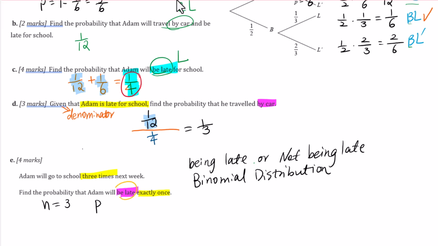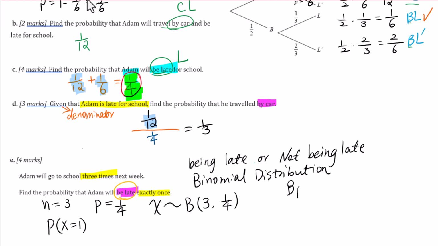Probability of being late is 1/4. So P equals 1/4. X follows a binomial distribution with 3 and 1/4 as the probability of being late. We are looking for the probability of X equals 1. We will use binomial PDF using these 3 data to figure out the answer.